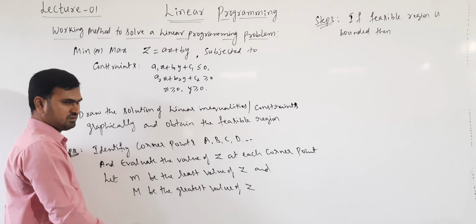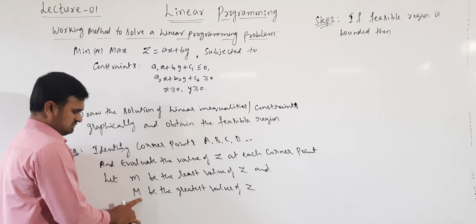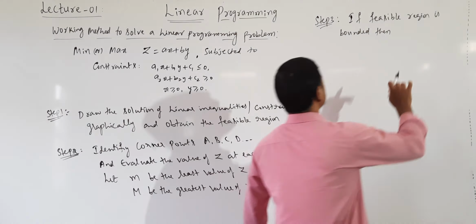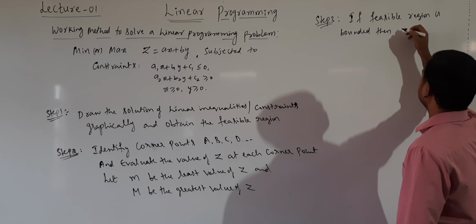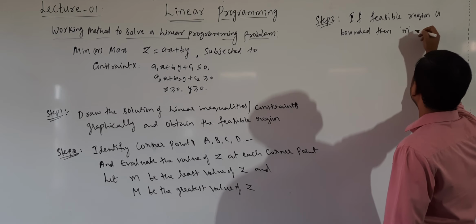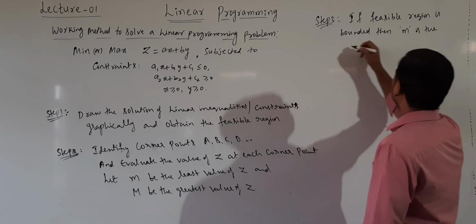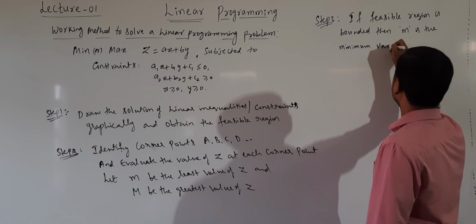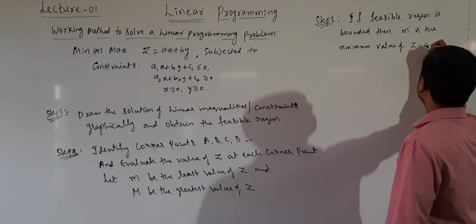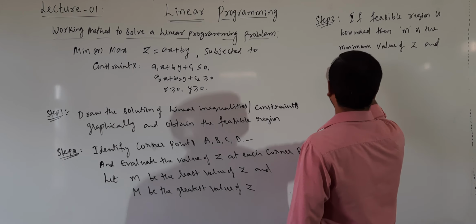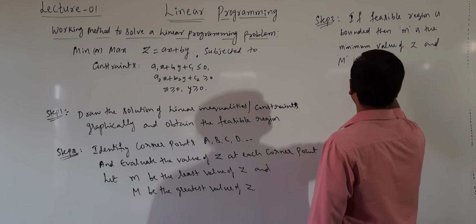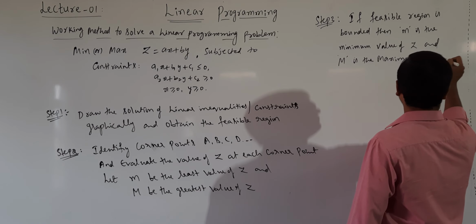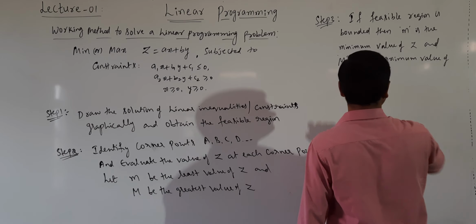So m is the minimum value of z and capital M is the maximum value of z. Okay. So if the feasible region is bounded, then small m is the minimum value of z and capital M is the maximum value of z.